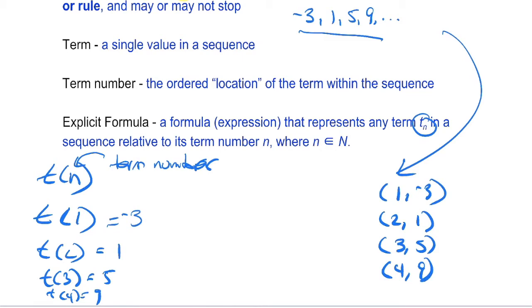It's really, as you can look at it, function notation. So again, mathematicians are efficient. They don't like writing the brackets when it comes to dealing with sequences. They shortcut it and say, well, we're going to use t of n in this case, and n is subscripted. So here we could say, given a sequence, we could express t of n, and we could make a general equation for it, saying what is the sequence relative to its term number.